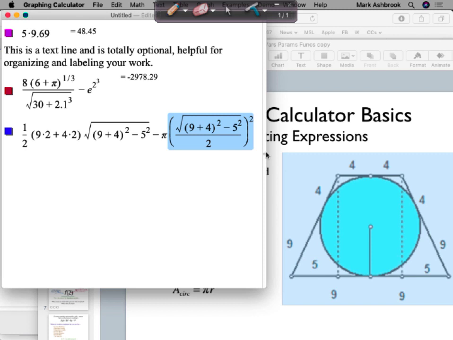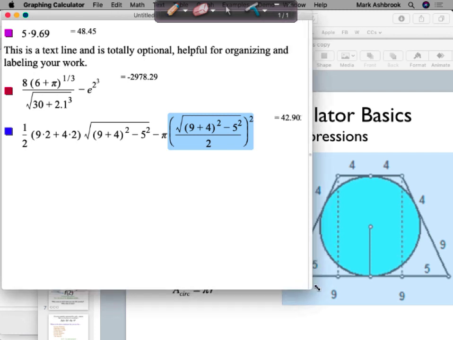How does it do? Come on. What the? There we go.